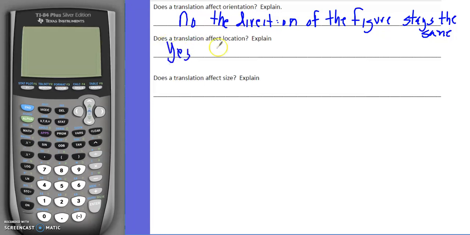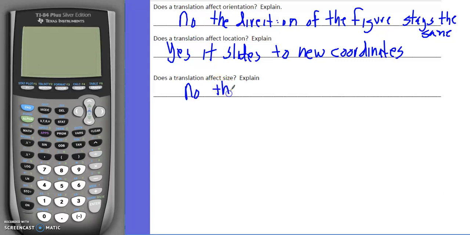Yes. It slides to new coordinates. Does a translation affect size? No. The size remains the same.